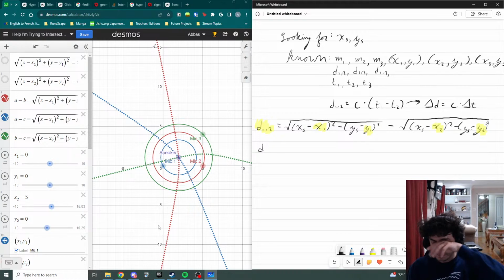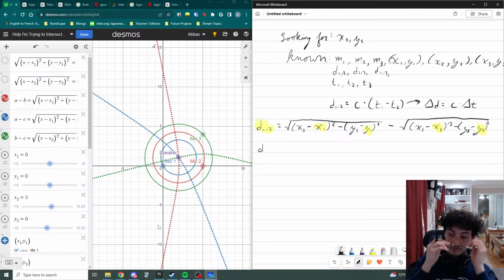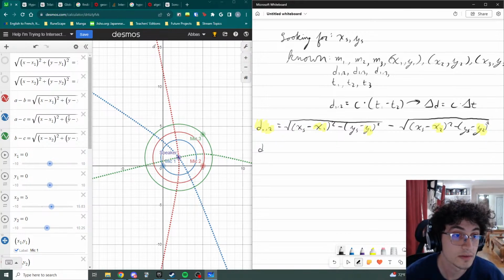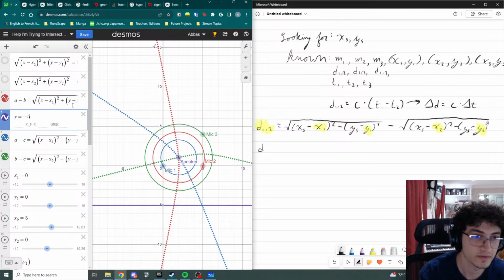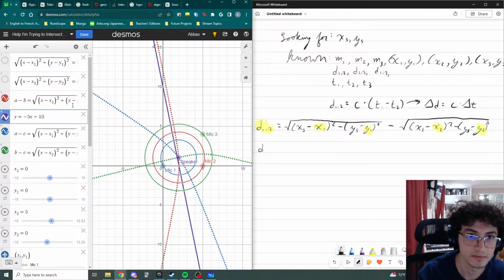Because I can probably approximate this red one. I can try to approximate the red hyperbola as y equals negative 5x plus 10 plus 12.